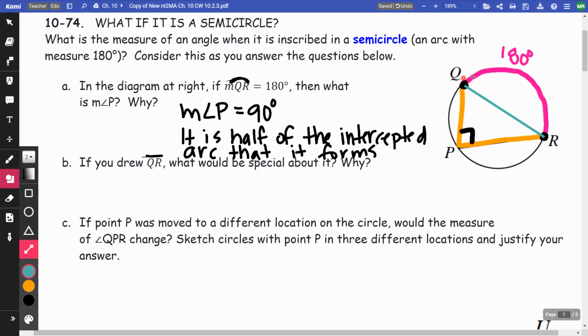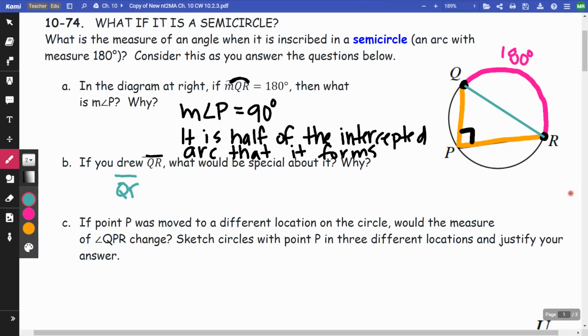Since this is 180 degrees, this side also has to be 180 degrees because a circle is 360 degrees. So this has to be the rest of the 360, which is 180. It also is the diameter of the circle.